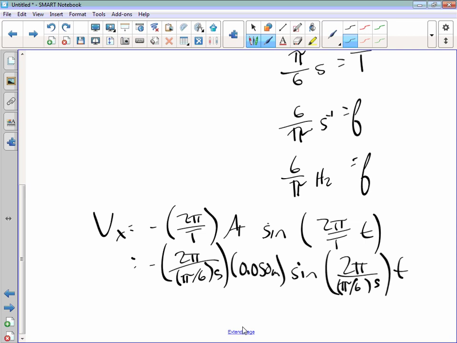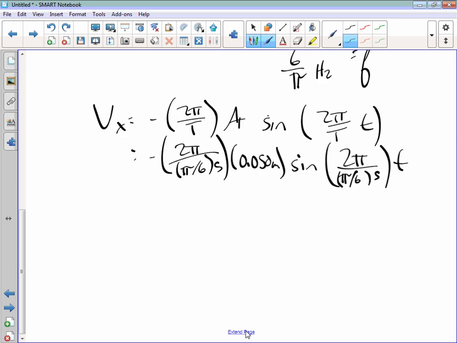This looks kind of sloppy, but there's lots of stuff that can cancel. There are pi's that can cancel in a few places. 2 over pi over 6 seconds, so negative... My mistake.